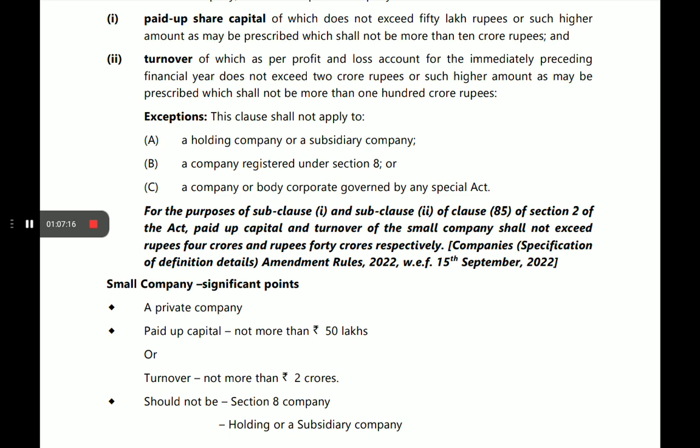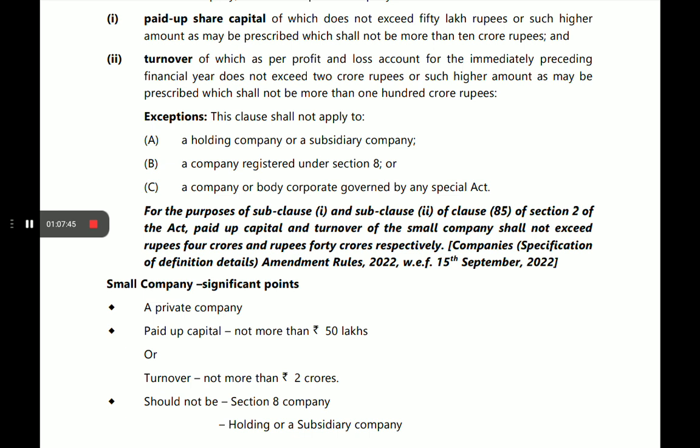For the purposes of subclause 1 and subclause 2 of clause 85 of Section 2 of the Act, paid up capital and turnover of the small company shall not exceed rupees 4 crores and rupees 40 crores respectively.